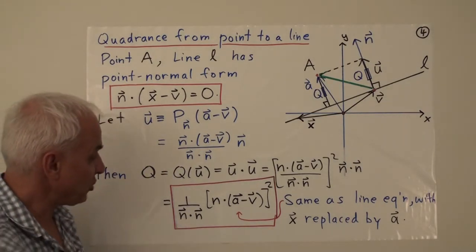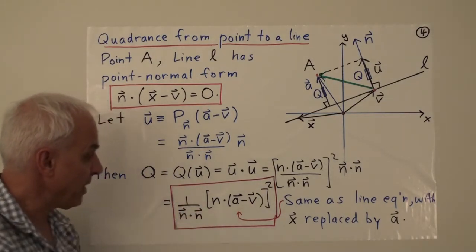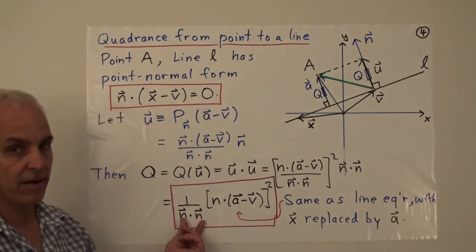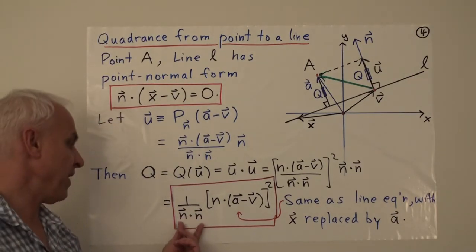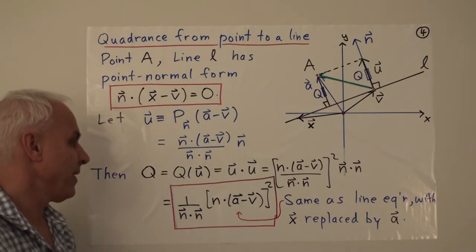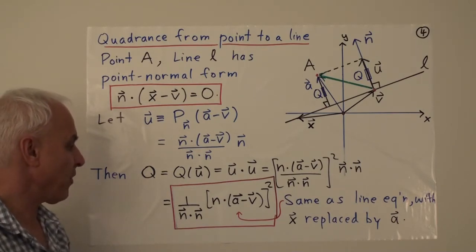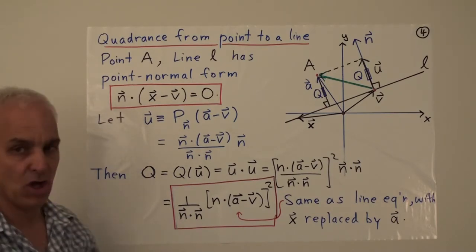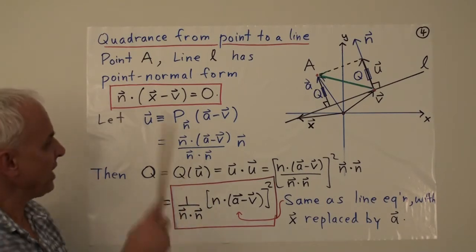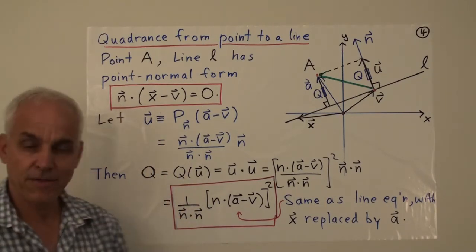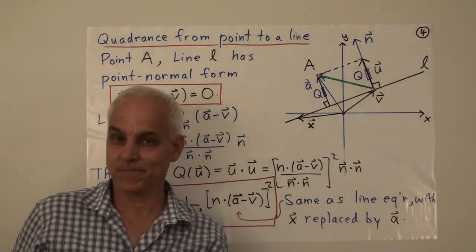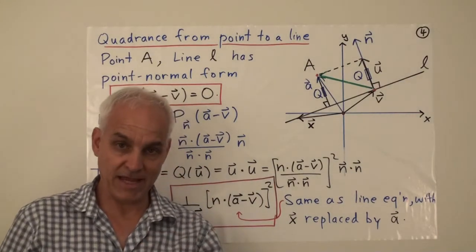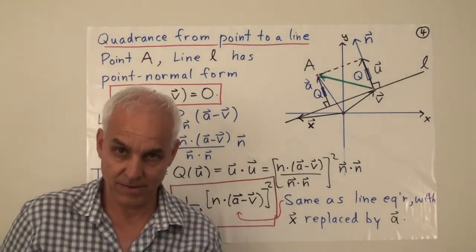Otherwise, we're obliged to take this number, square it, and divide by n dot n. And the effect of this n dot n is just to account for the possible renormalization of a line. If you take a line like this with a normal vector n, the normal vector n is not unique. Someone else can come along and replace n with 6 times n.